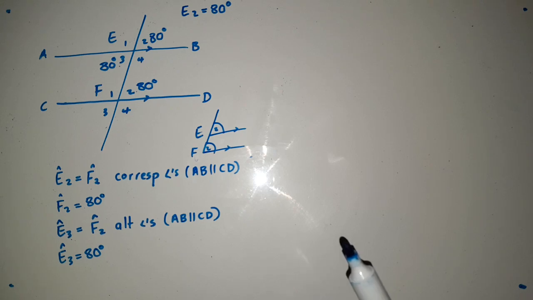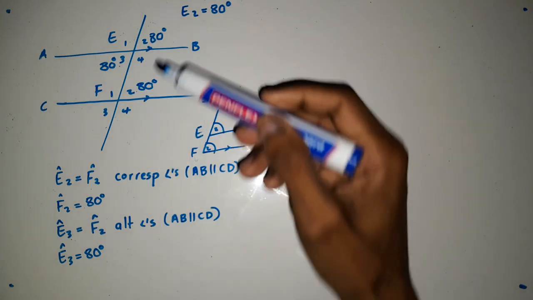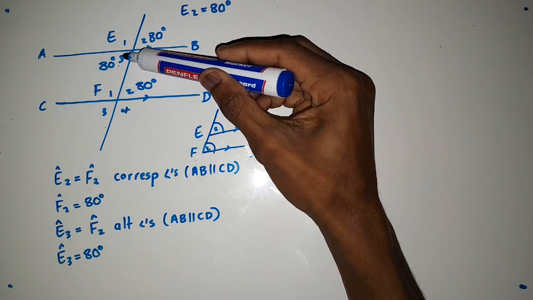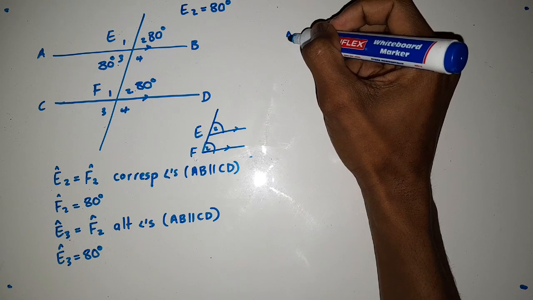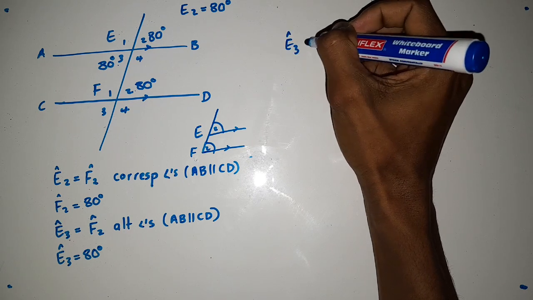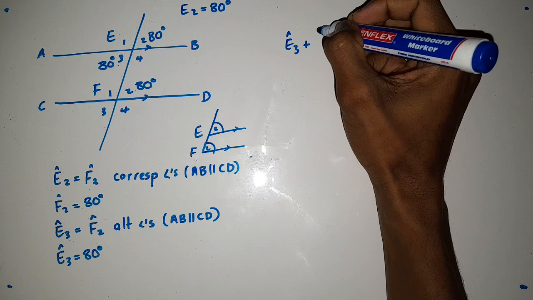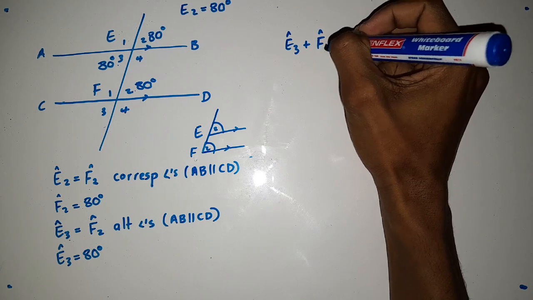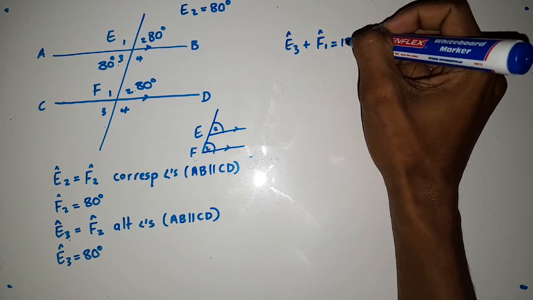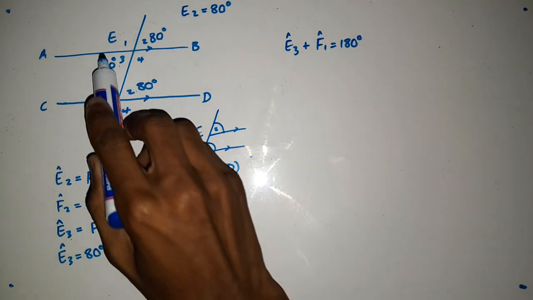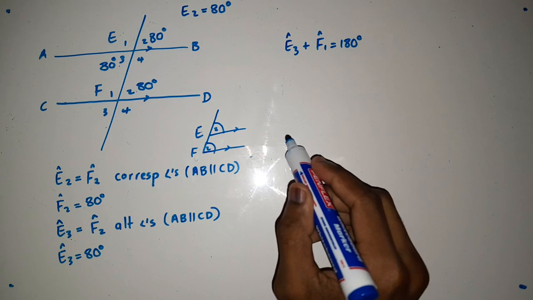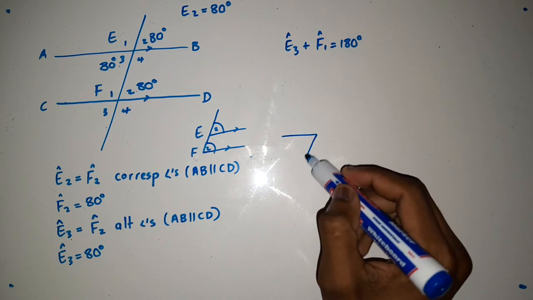But I just want to use a different concept where I take E3 and F1. Angle E3 plus angle F1, both are equal to 180. We get what now? A co-interior. You see? A co-interior.